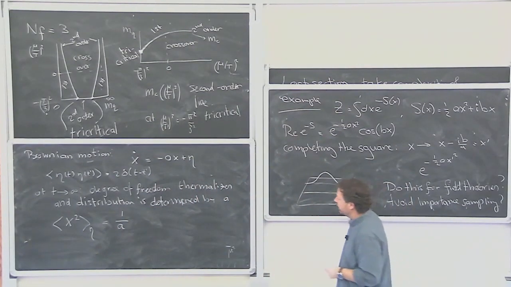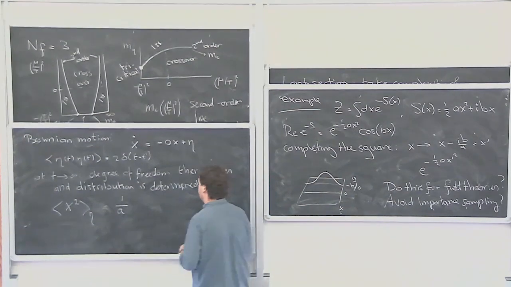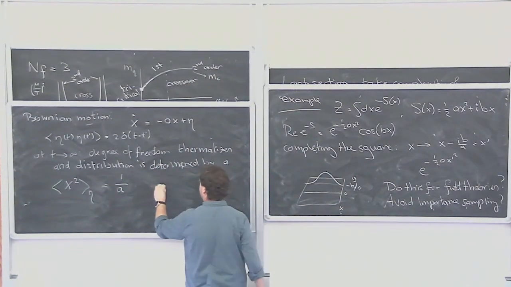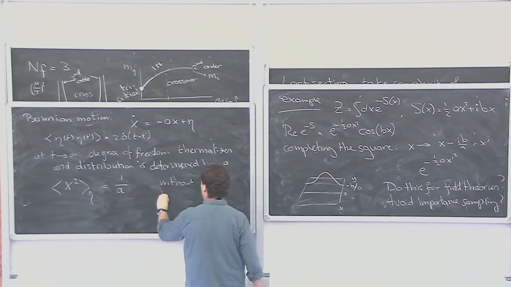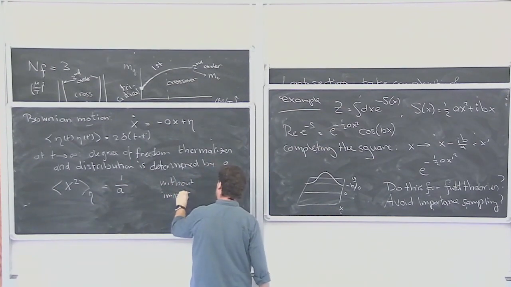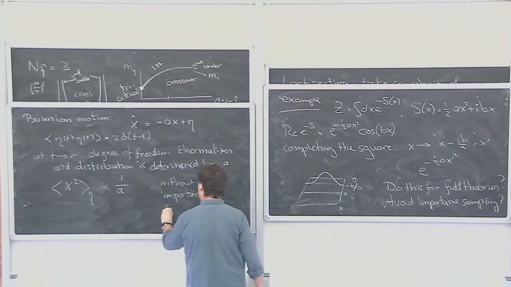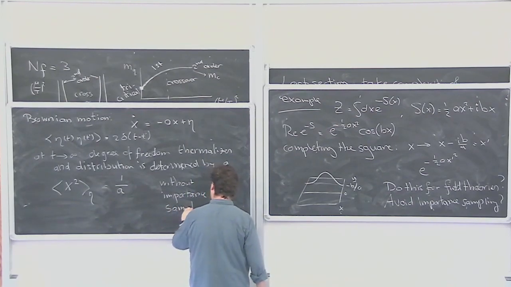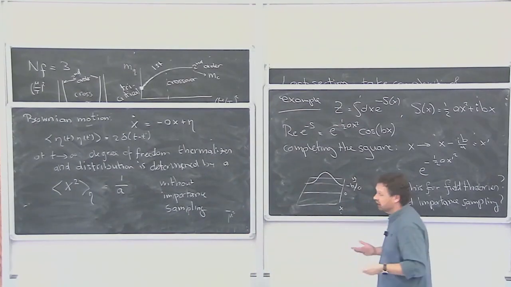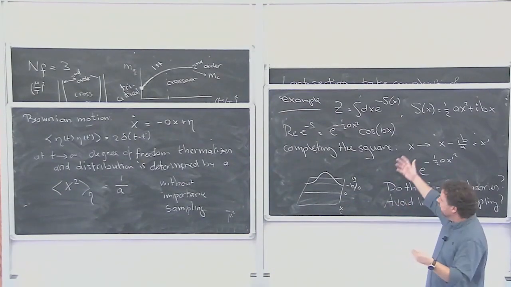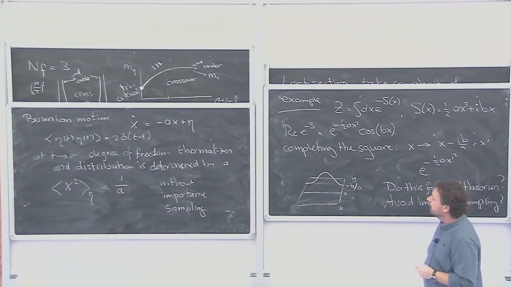But the important thing is that I can solve this numerically, say, but I have not used any form of importance sampling. So there might be a way that we can generalize this now to theories where the drift is complex, or I have a complex action problem, without doing importance sampling.